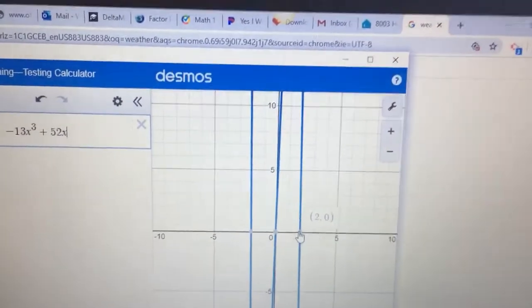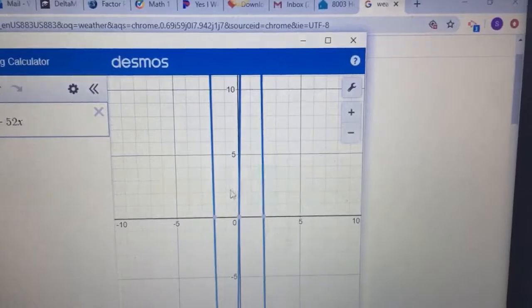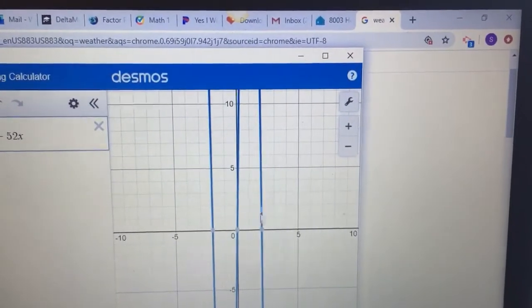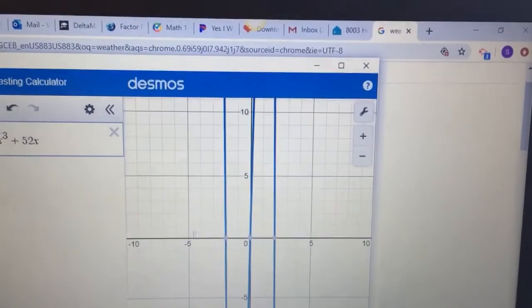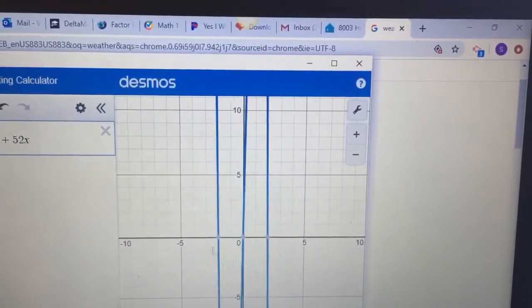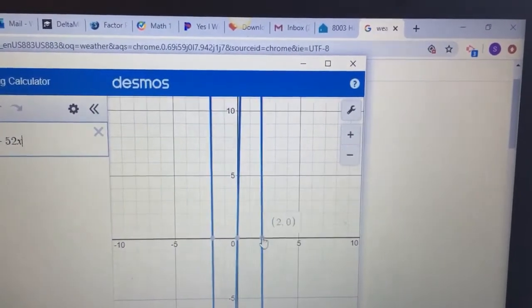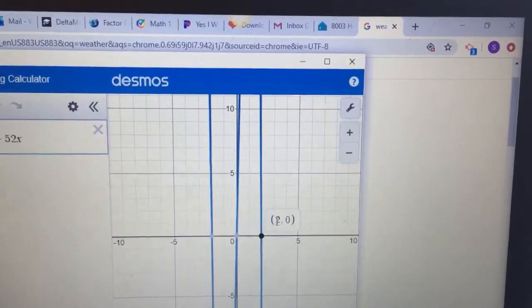And when you type it in Desmos, this is the rock going up and then it comes back down, and the x-axis represents the ground. So it hits the ground right here. Hits the ground at 2 seconds.